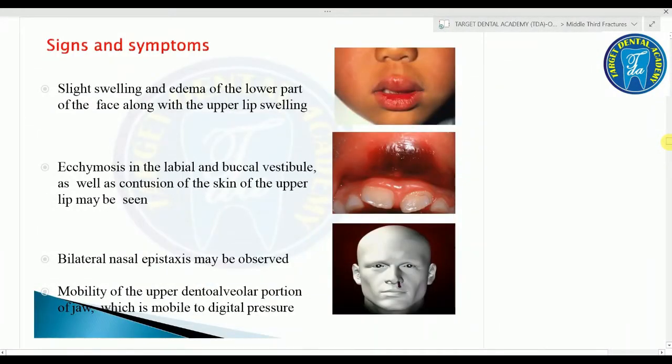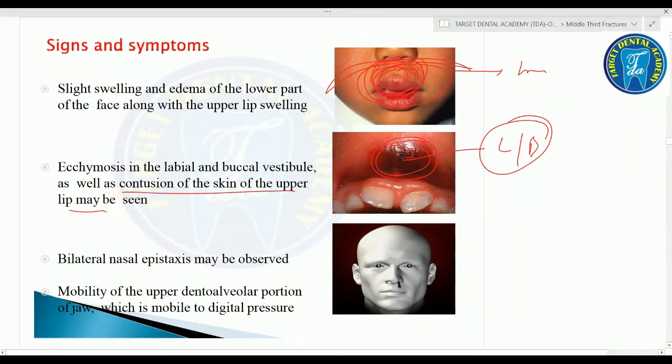Coming on to the signs and symptoms. There is slight swelling and edema in the lower part of the face, and there is upper lip swelling. You can differentiate ecchymosis in the labial and buccal vestibule, and a contusion of the skin of the upper lip may be seen.